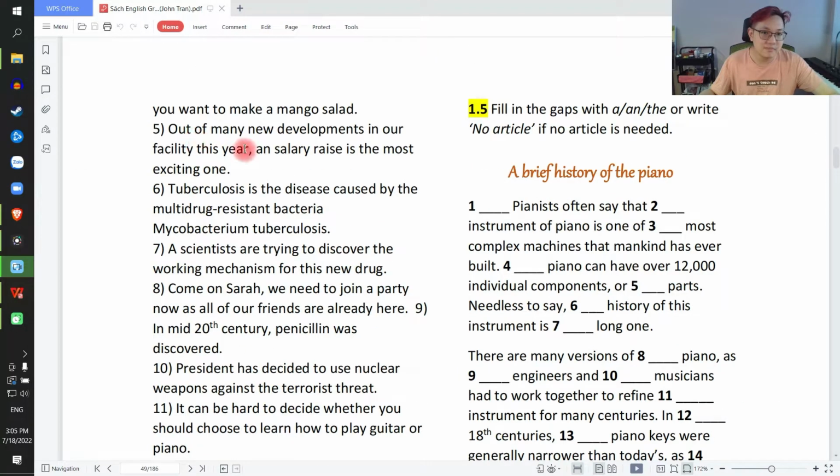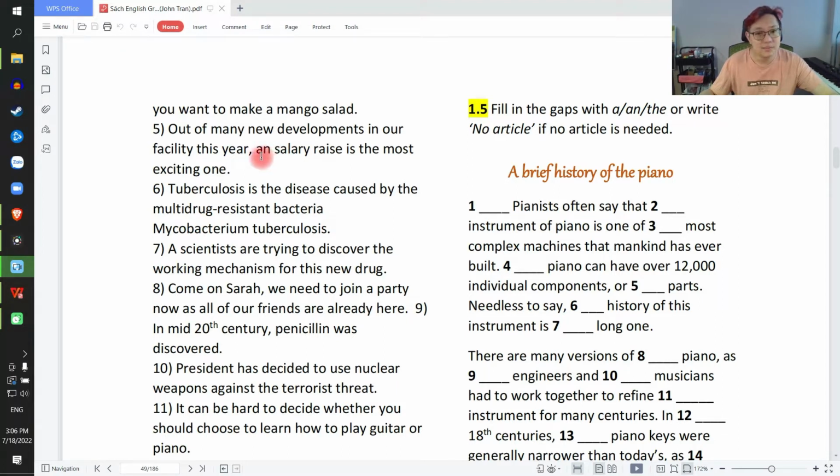Number 5. Out of many new developments in our facilities this year, a salary raise is the most exciting one. Cái chỗ này là phải dùng a tại vì đứng trước chữ s này là một phụ âm.